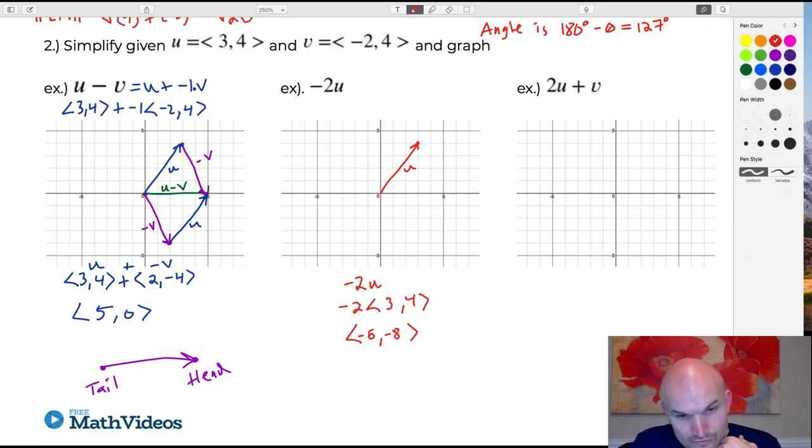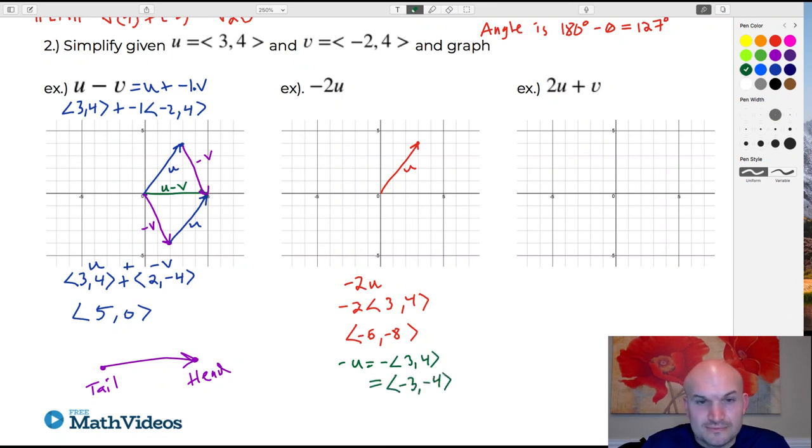All right, now I don't have enough room for this to go down, but what you can see is if I was just to do negative u, that gives us negative 3 comma negative 4. Actually, let's do this in a different color. Let's go back to that green. So if I was to do negative u, that's going to be negative 3 comma negative 4.